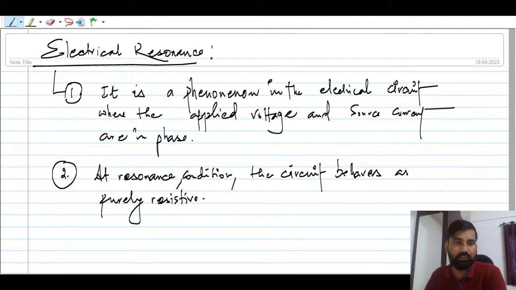At resonance condition we will get one frequency, which we call the resonance frequency.